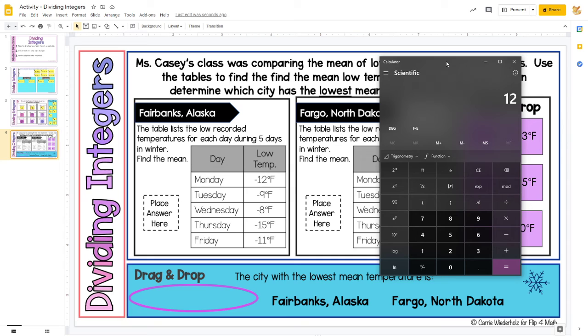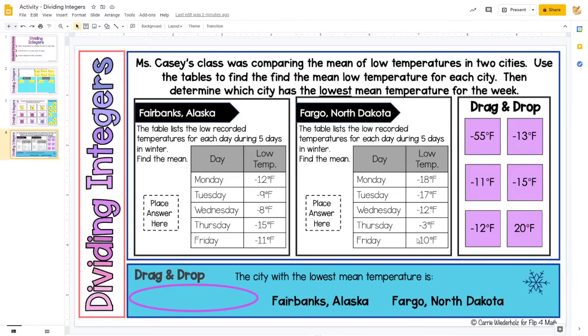I'm going to do 12 plus 9 plus 8 plus 15 plus 11. That gets me 55. There are 5 days, so I'm going to divide by 5. And my answer is 11.